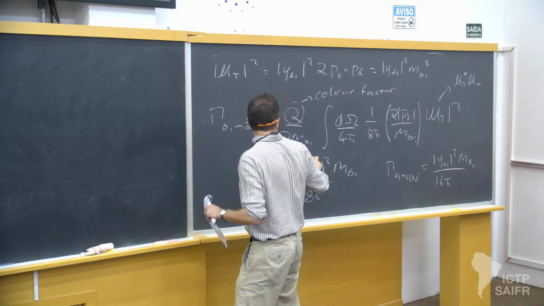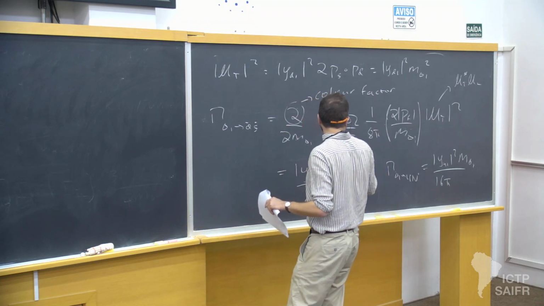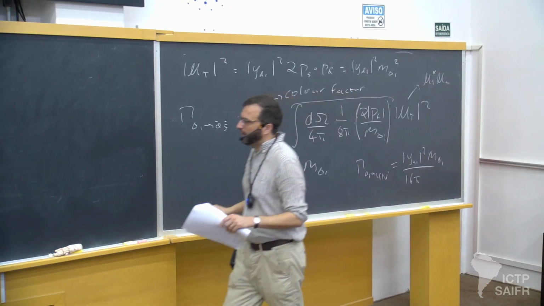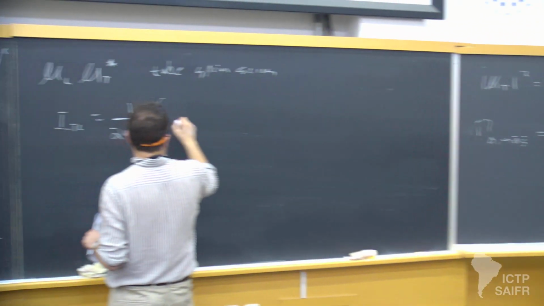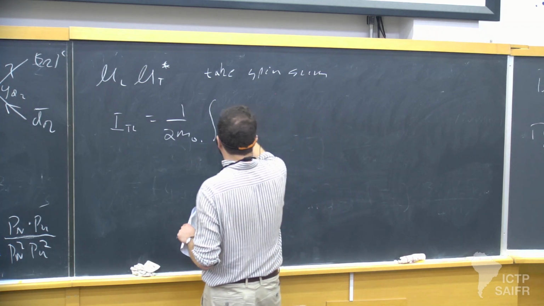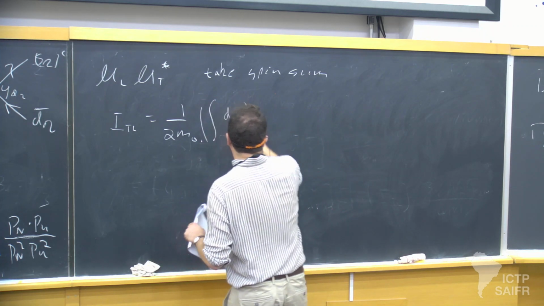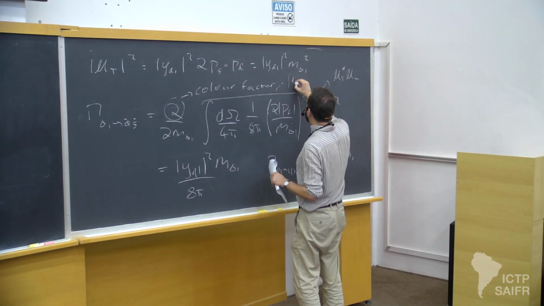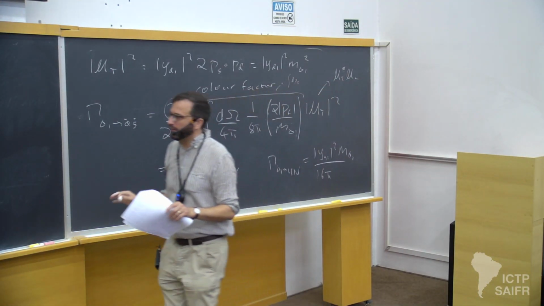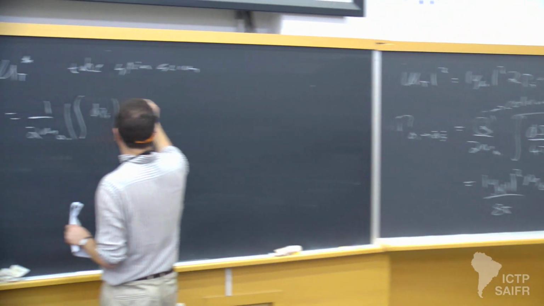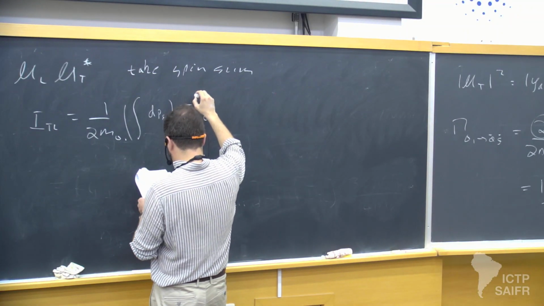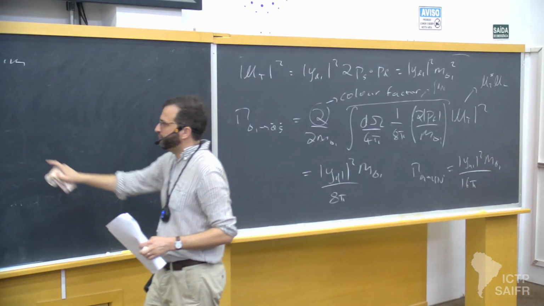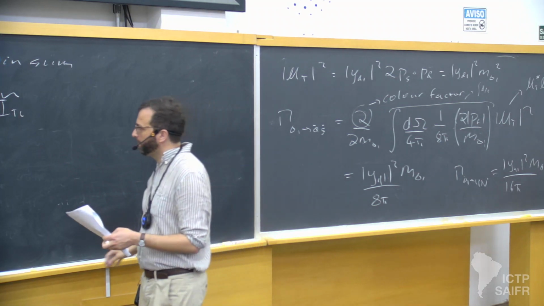And then this phase space integral, I'll call this d phase space, all this stuff here, because I just don't want to write it everywhere. And then times I_L tilde. And we're interested in the imaginary part of this now.